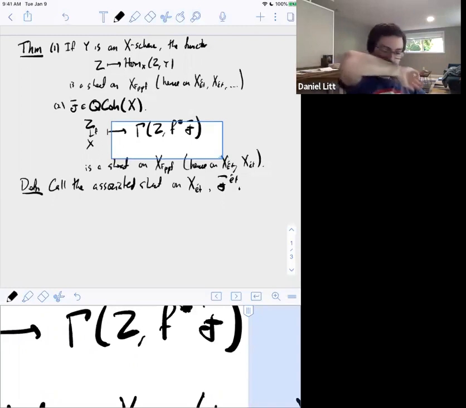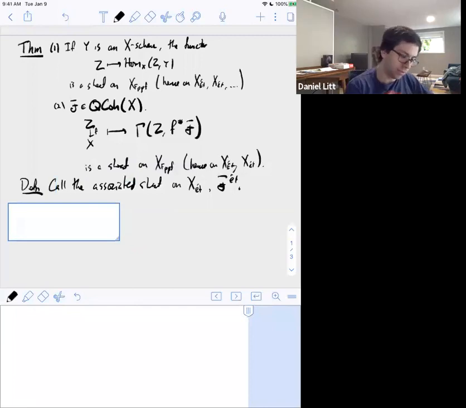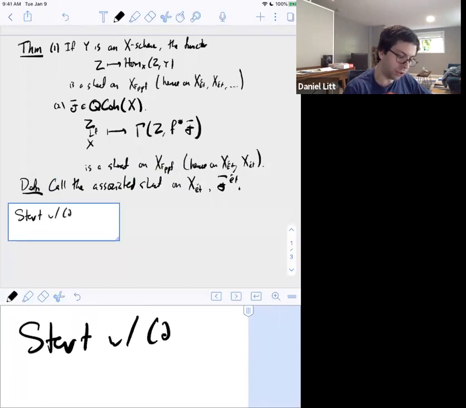Great. Okay, so we're actually going to prove a slightly more general statement. Let's start with part two, and then we'll deduce this statement about representable functors from a statement about quasi-coherent sheaves.